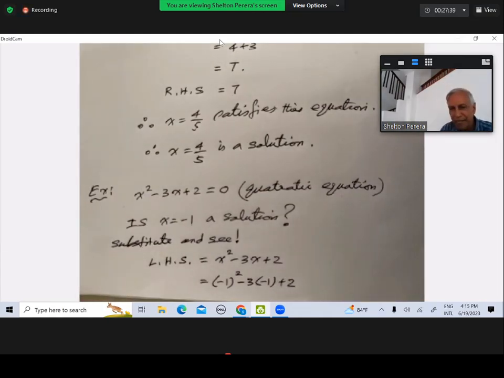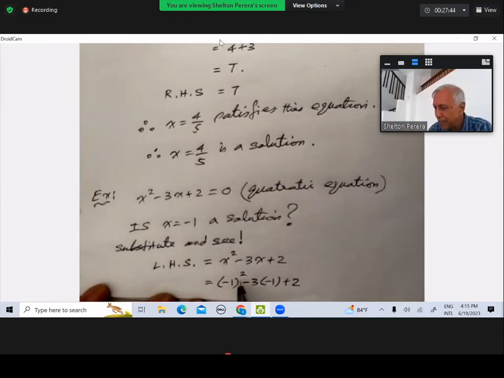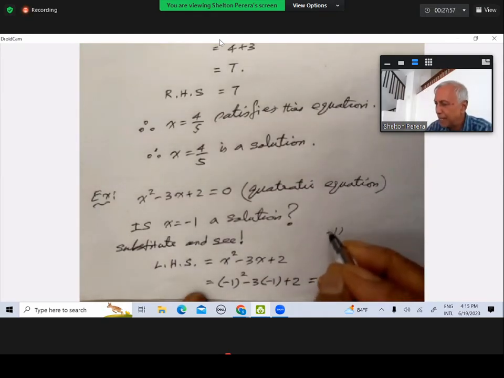So learn everything, okay? You may have forgotten after O levels if you have not done any mathematics. So minus 1 squared is minus 1 times minus 1. Even that we give a reason. What is the answer?